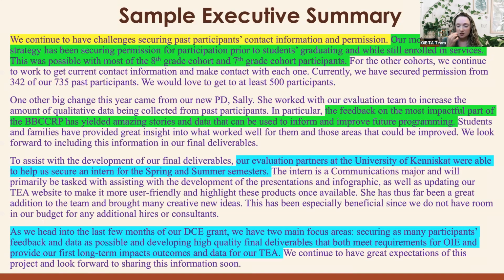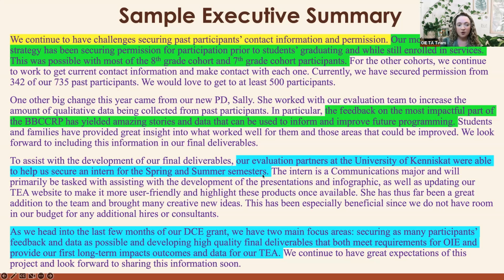As we go further into that sample executive summary, you could see we again talk about another challenge we were having, securing contact information and permission. But then in green, we talk about how we addressed that and some positives, some success stories that we're having.